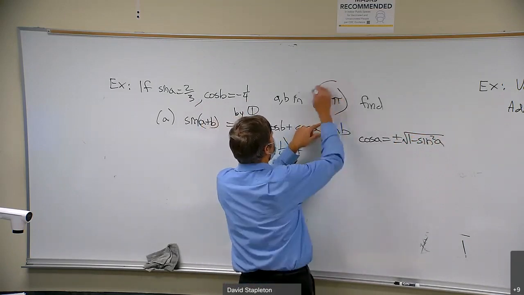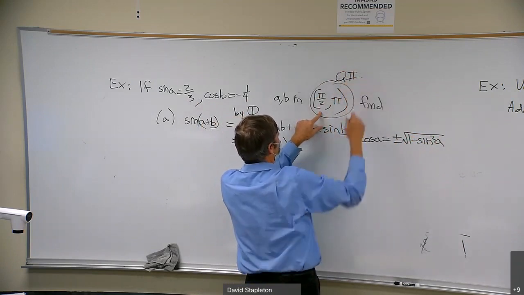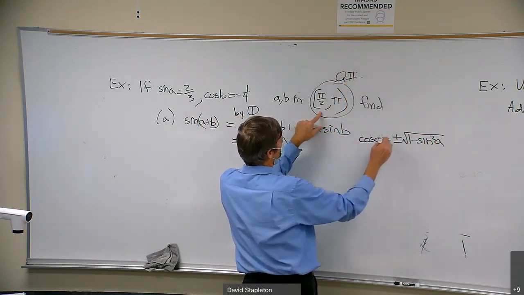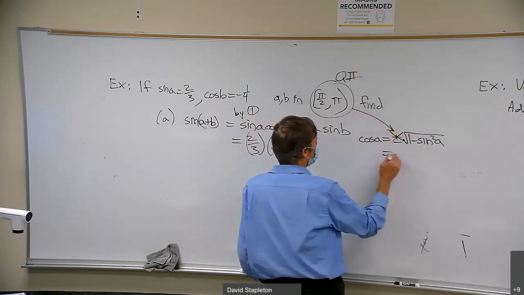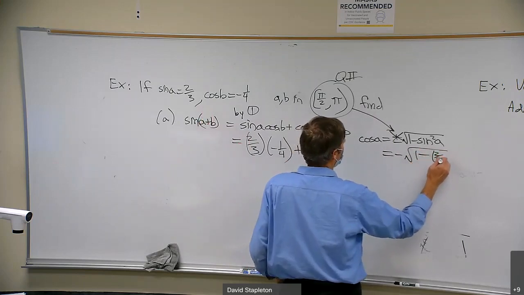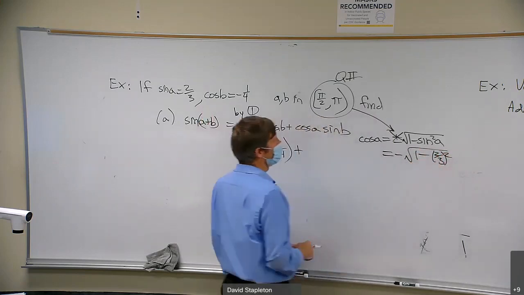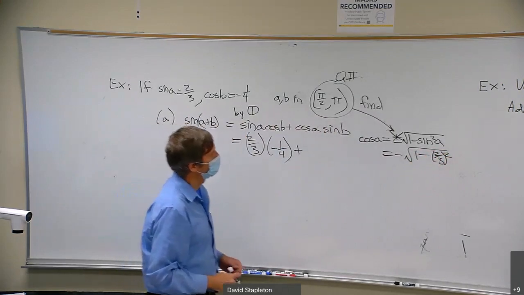It's in quadrant 2, 90 degrees to 180 degrees. In that quadrant, cosine is negative, so I'll put negative here. So it's minus the square root of 1 minus sine, which was 2/3, squared. I can calculate cosine from sine if I know the quadrant.